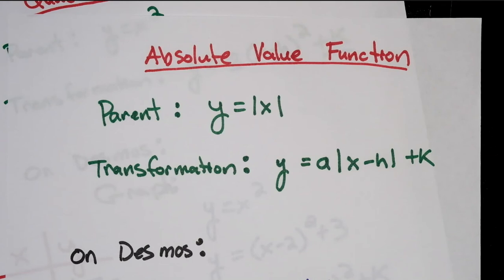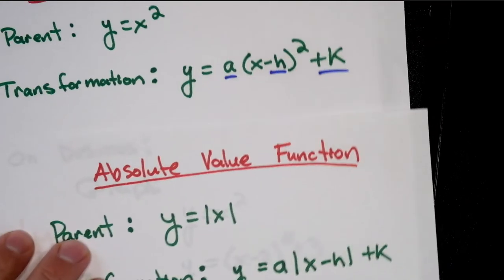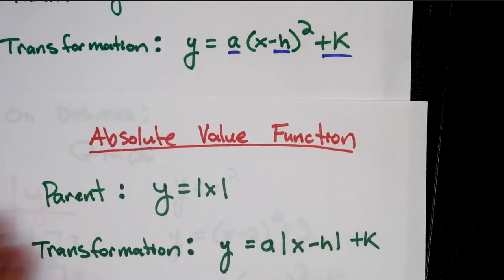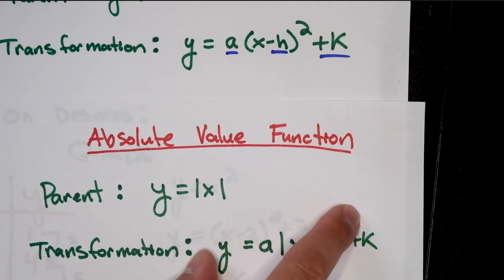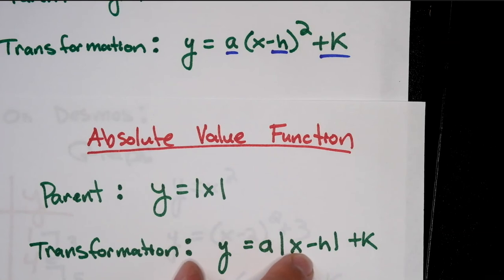Notice once again, just like on our last one, if we look at our quadratic one, it's almost the same setup. The only difference is we don't have it wrapped in parentheses and squared, but h is still paired with the x, k is on the outside, and a is in front. And essentially, we're going to see that it pretty much does the same thing to them.